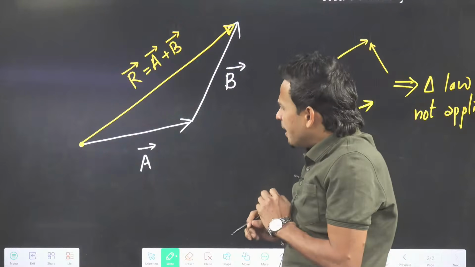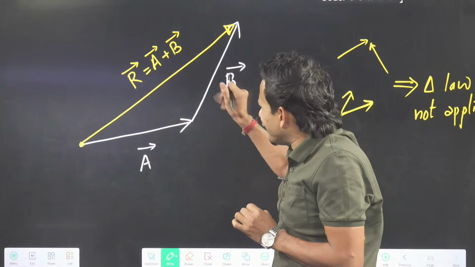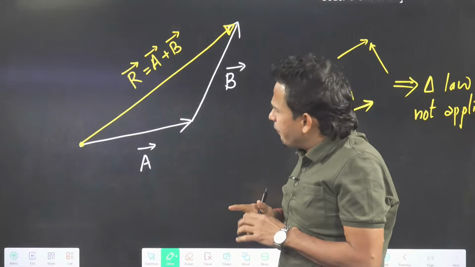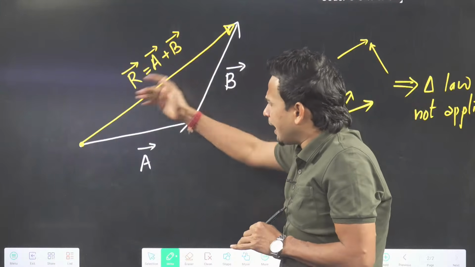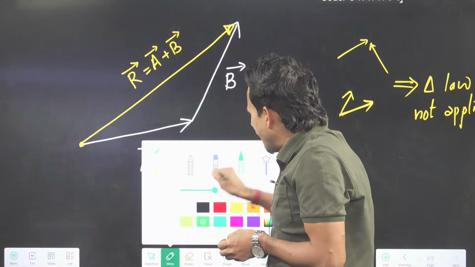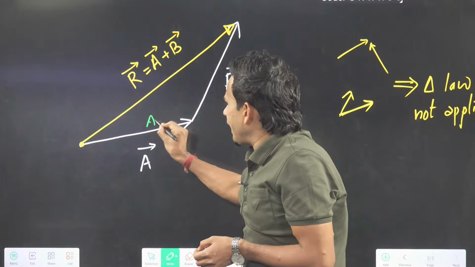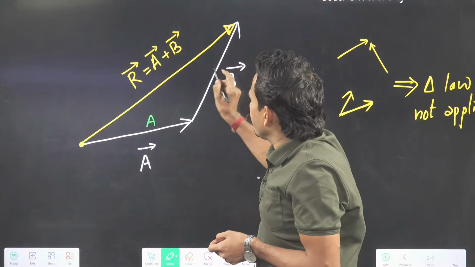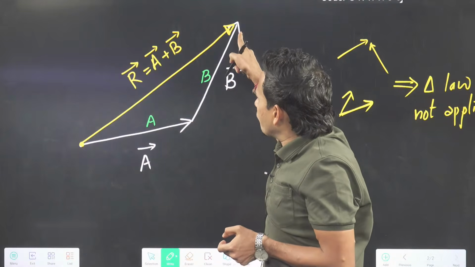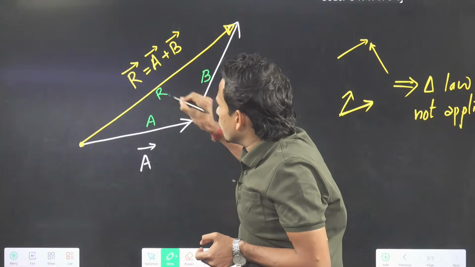But someone came, he says, if I give you magnitude of A bar, if I give you magnitude of B bar, tell me what will be magnitude of R bar. In vector form we understood, arrows will be there. But someone came and said, I am giving you magnitude of A bar as A, magnitude of B bar as B. You already know length of arrow represents magnitude, and he asked me to tell the magnitude of R bar.